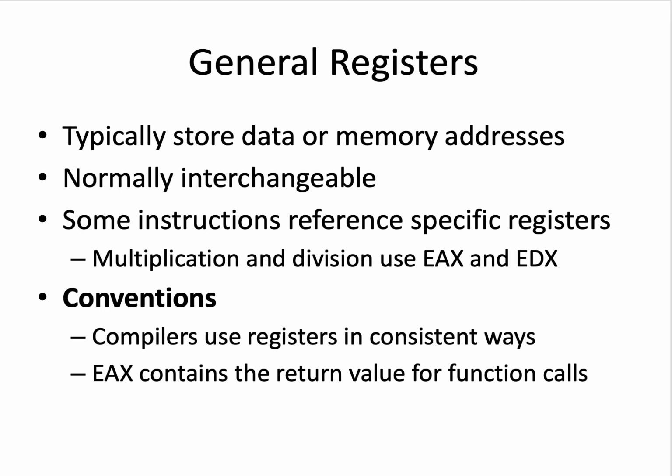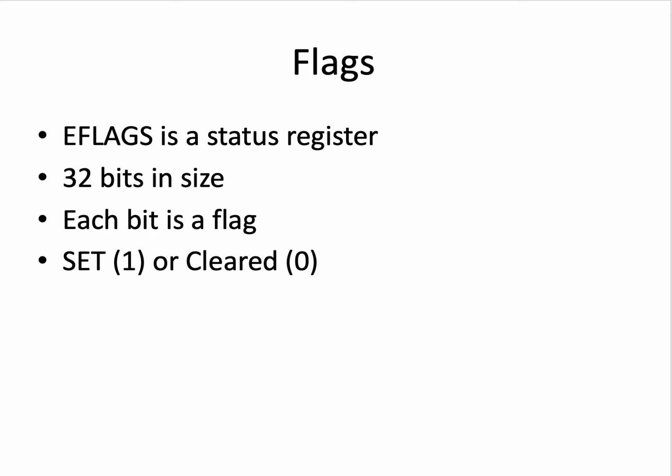General registers typically store memory locations or data, and they are interchangeable, which means they are changeable. Some instructions reference specific registers, like multiplication and division use EAX and EDX.